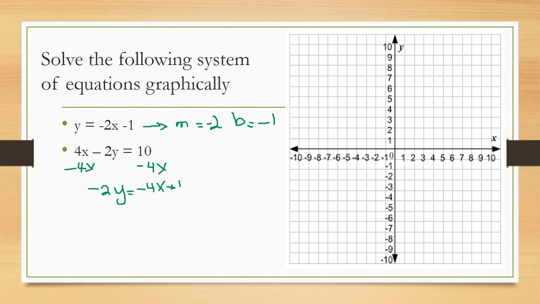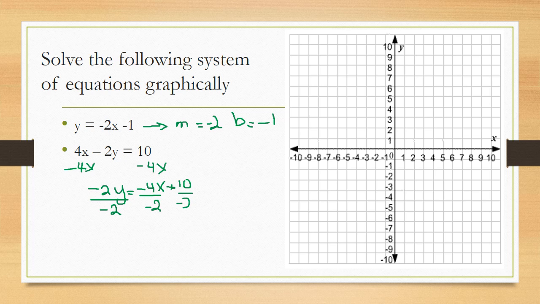Now, to be able to have y by itself, I need to divide by negative 2. And since I'm dividing by negative 2 on the left side, I'm going to have to do the same thing on the right side.